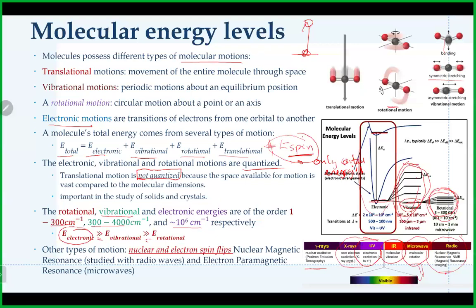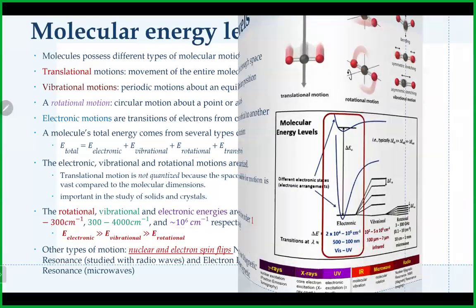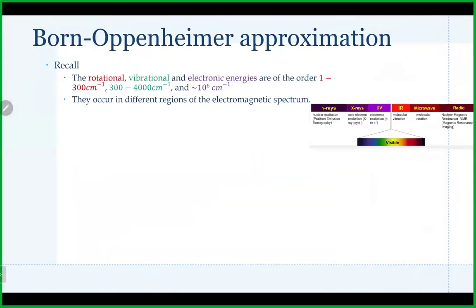Before we go to molecular transition, let's quickly look at one concept called the Born-Oppenheimer approximation. This concept tells us that we can study the different motions in a molecule independently of each other. How?